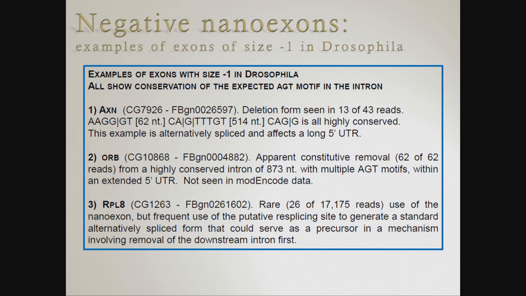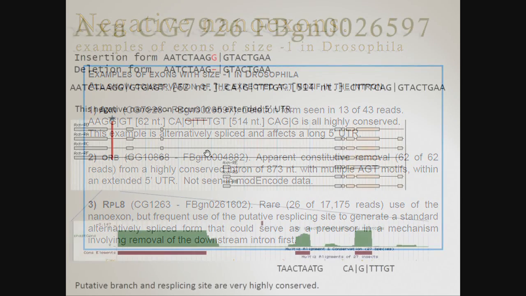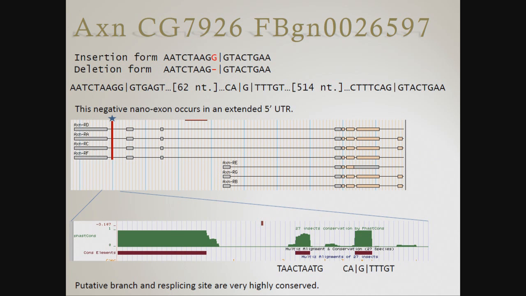The next slide shows axon in some detail. These are all in the 5' UTR. The axon -1 nanoexon is in the first intron of a long 5' UTR. There are highly conserved branch site and AGT resplicing sites within this intron.